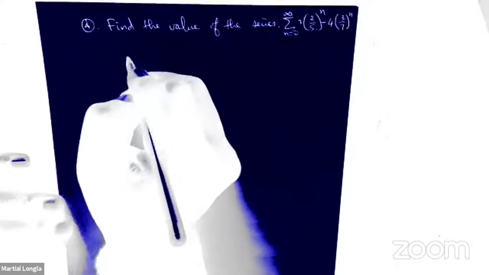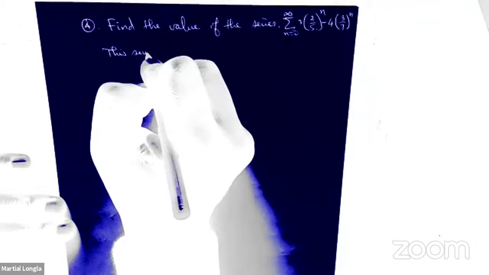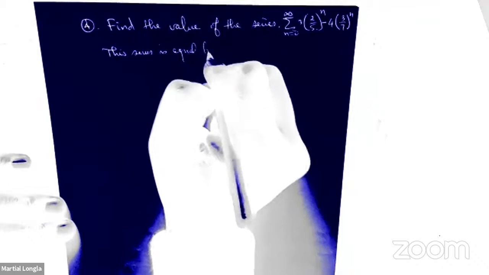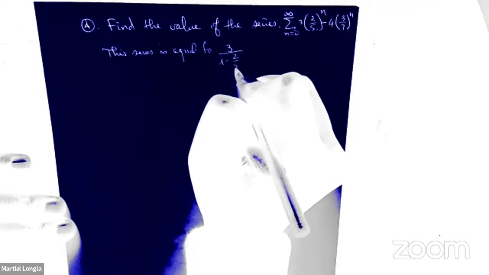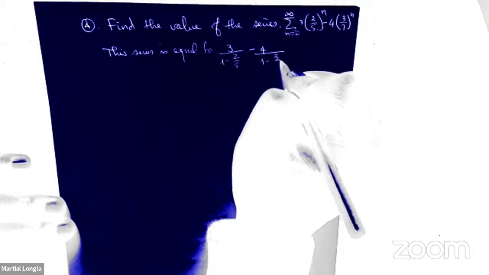In this case, you would say, okay, this series is equal to 3 over 1 minus 2/5 minus 4 over 1 minus 3/7.